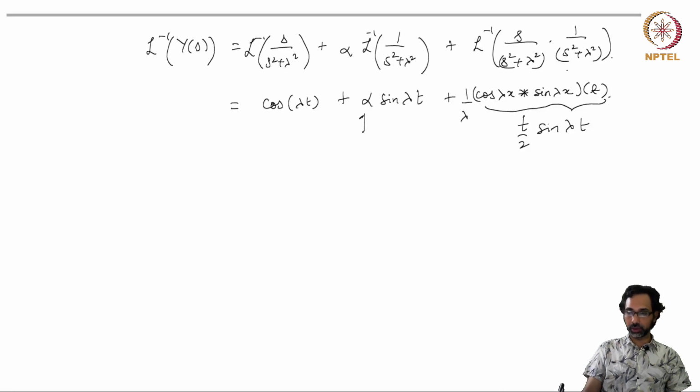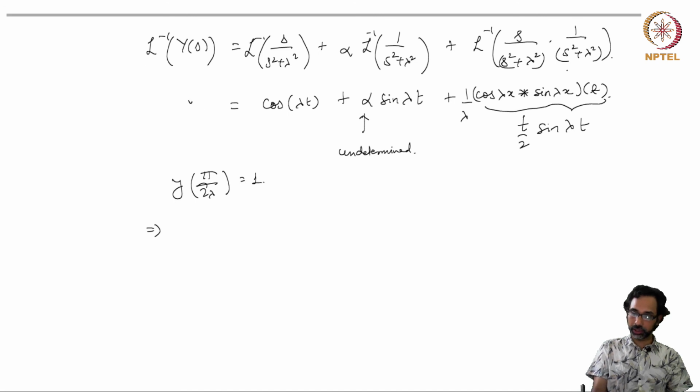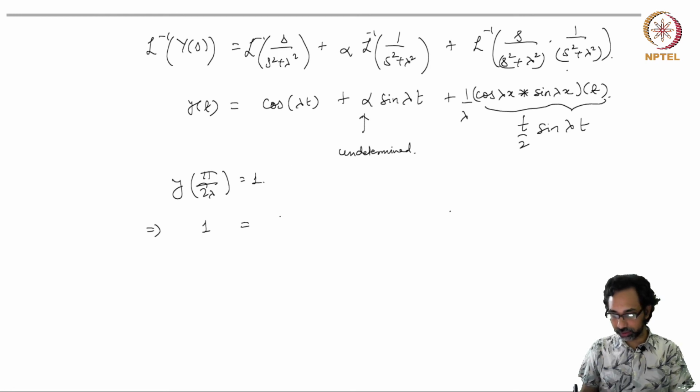So now alpha is still undetermined, so we will use the fact that y at pi by 2 lambda equals 1. So this is our y(t). If you plug in this value pi by 2 lambda in this equation, you will get 1 on the left hand side. The first term is cos of pi by 2, which is 0.